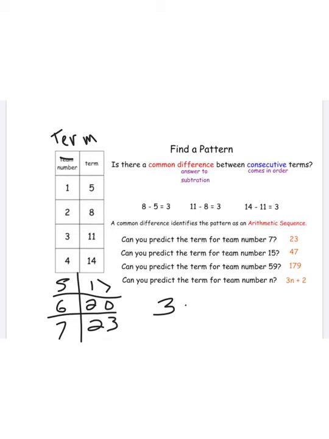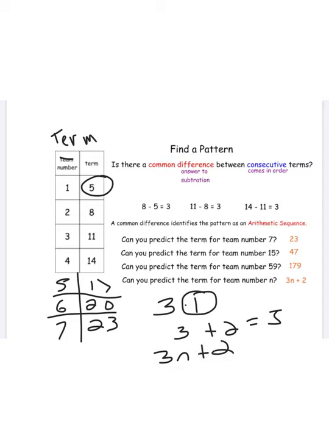So I want to multiply 3 times 1. 3 times 1 is 3, but I didn't get a 3 in my table. I have a 5. So what can I do to make a 3 into a 5? I can add 2, right? Because 3 plus 2 is 5. So to make my expression 3n plus 2, I have to take out that 1 and substitute with an n. So I have 3 times n, and then I added 2 to get it to be that 5.